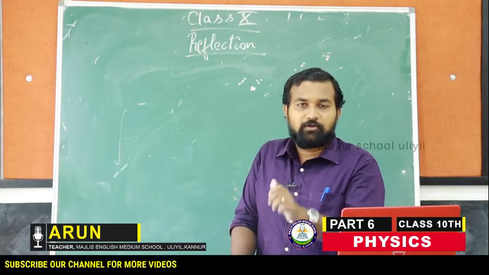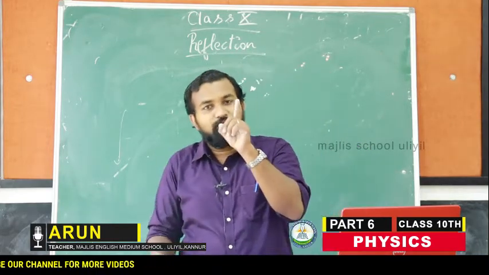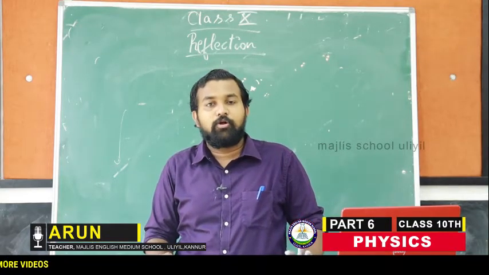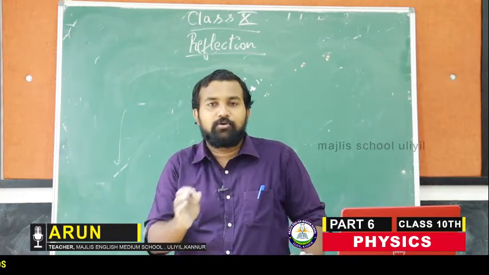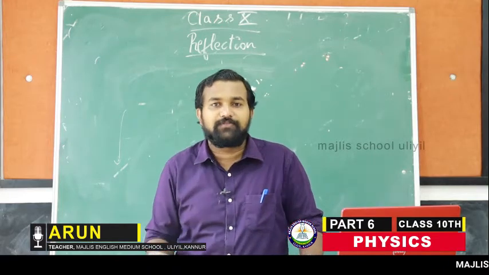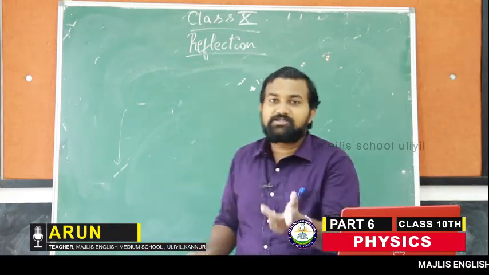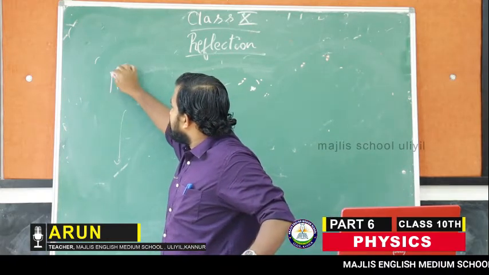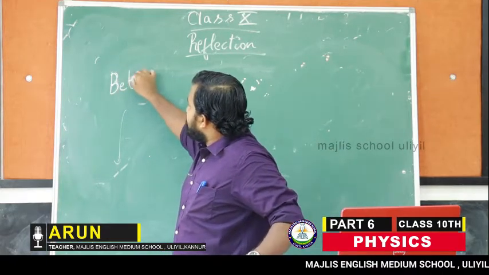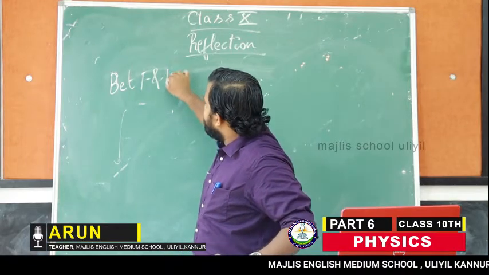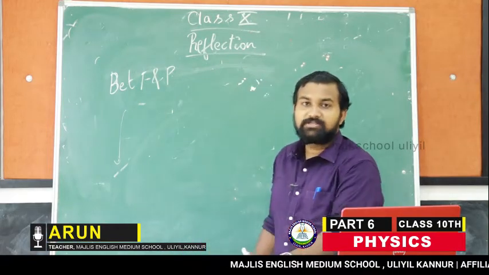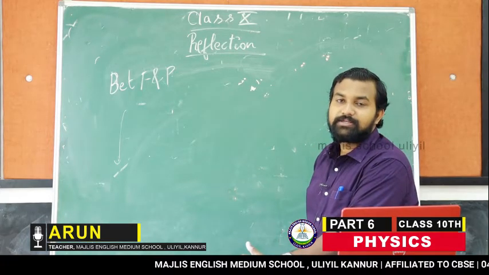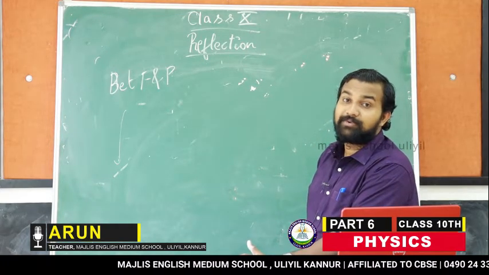In concave mirrors, at only one position a virtual image is formed, and that position we are going to study. That is when the object is kept between focus and the pole. When the object is kept between focus and the pole, the image formed is virtual.